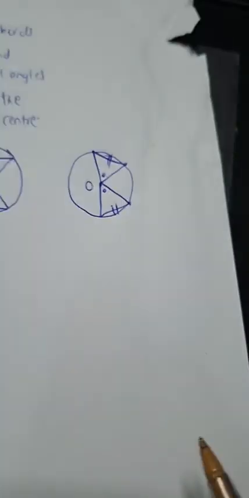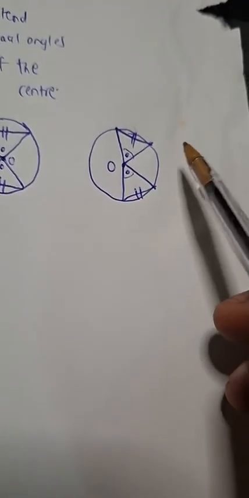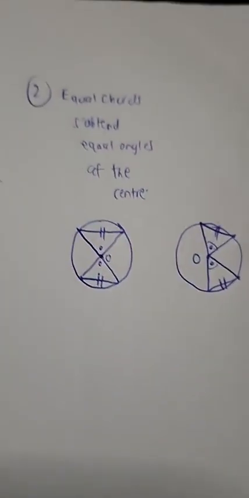They have angles that they subtend at the center. We say this angle will be equal to that one. Why? The result of having equal chords is that they will subtend equal angles at the center. This is the second corollary that comes as a result of angles in the same segment.